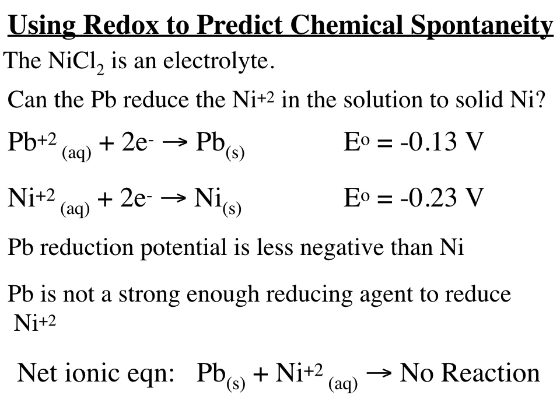So lead has less activity than nickel, and as a matter of fact, if I was going to write the net ionic equation for these two, it would be Pb solid plus Ni plus 2 aqueous gives no reaction.